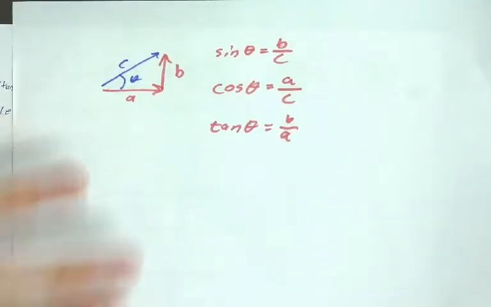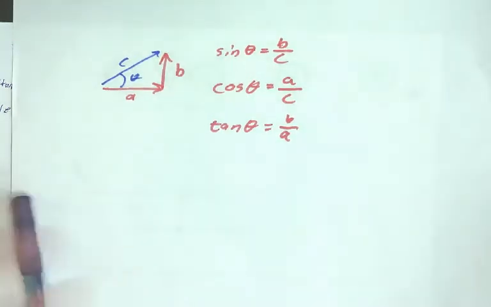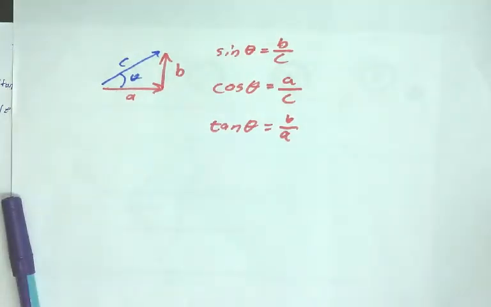First of all, what do you need to know about sine, cosine, and tangent? Do you need to know where it comes from? No. Do you need to know what it stands for? No. Do you need to know how to do it? Yes. Do you need to memorize them? No. I'm going to give you this exact thing. You don't have to memorize them.